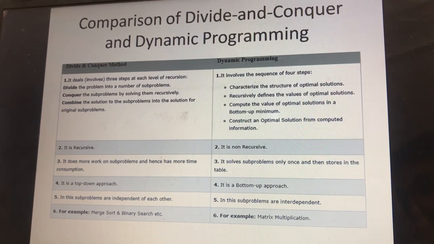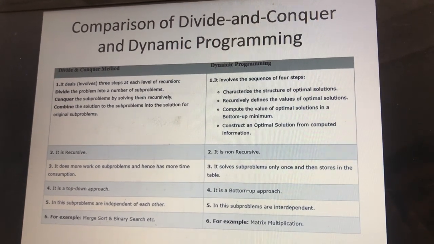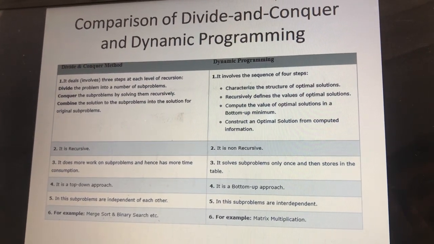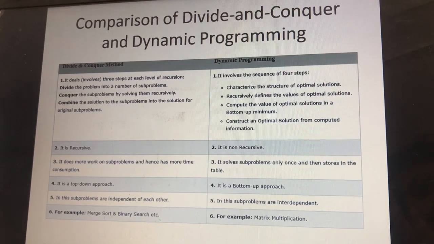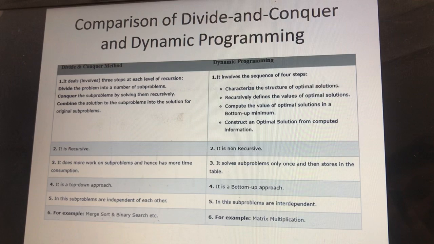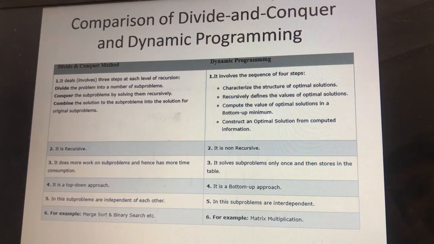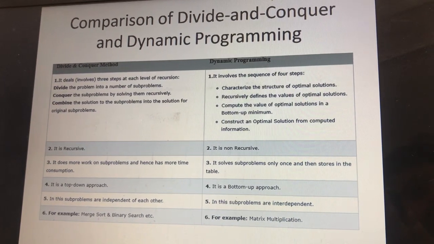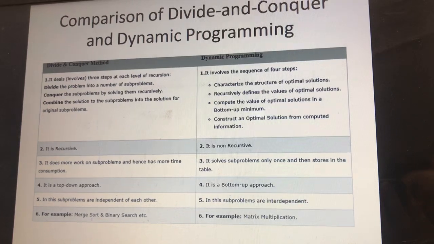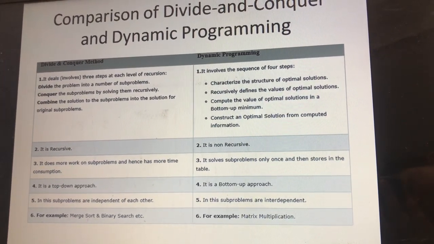The divide and conquer technique is a top-down approach, whereas dynamic programming is a bottom-up approach. In divide and conquer, subproblems are independent of each other, whereas in dynamic programming, subproblems are interdependent. Merge sort and binary search are examples for divide and conquer, whereas matrix multiplication is an example for dynamic programming.